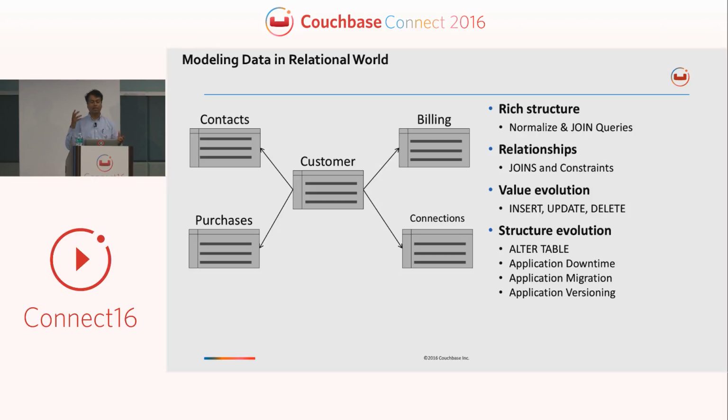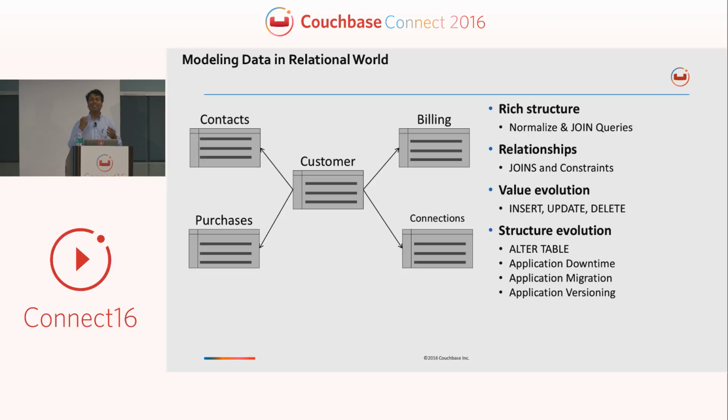Your billing, contacts, connections, purchases are represented in other tables, and you have a parent-child relationship between those tables. Whenever you insert data, you normalize the data and insert it into the respective tables.